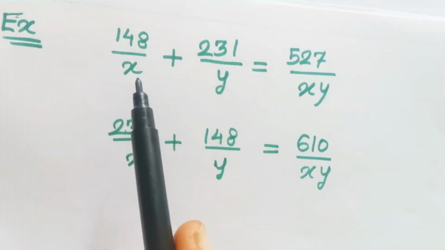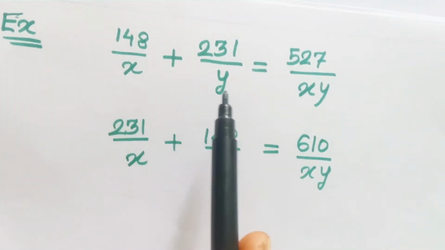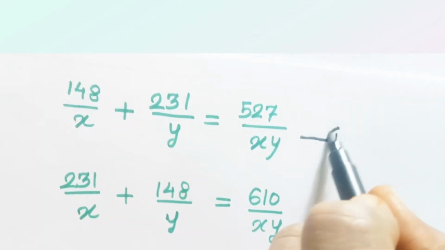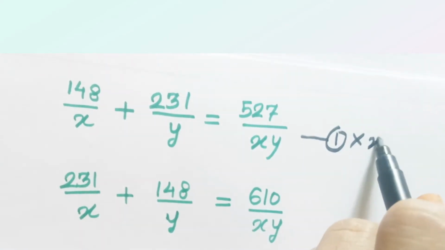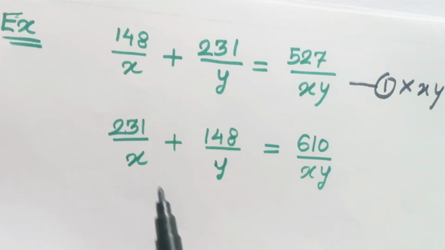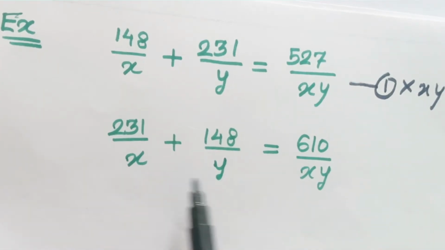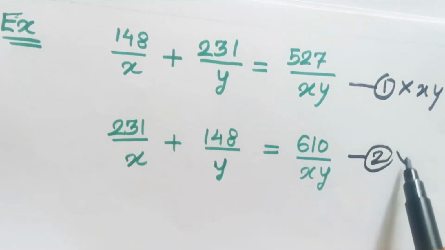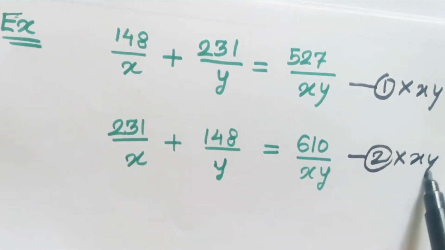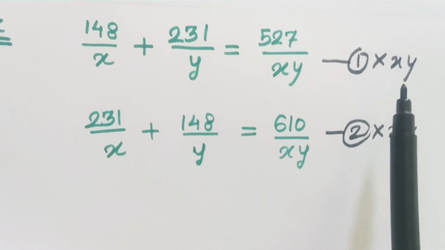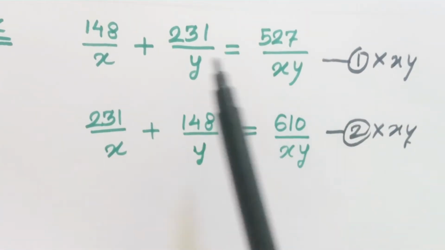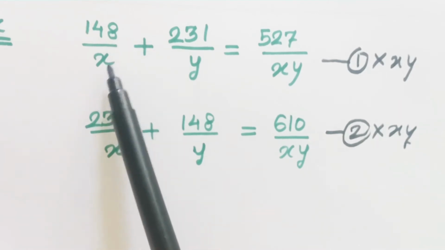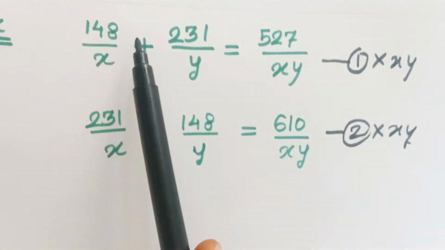So here equation 1 contains x and y in the division, so we multiply equation 1 by x into y. And similarly in equation 2, both variables are in division, so again in equation 2 we also multiply by xy. After multiplying this xy throughout the equation, then here xy divided by x gets cancelled, here we get y.